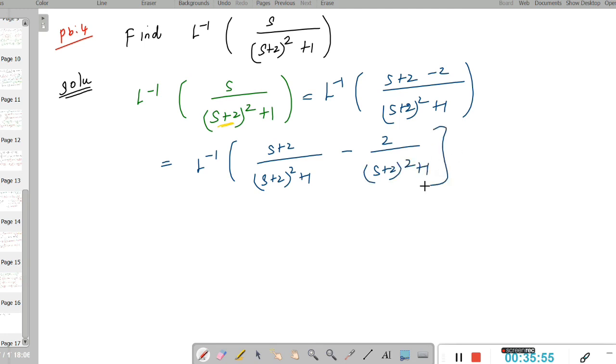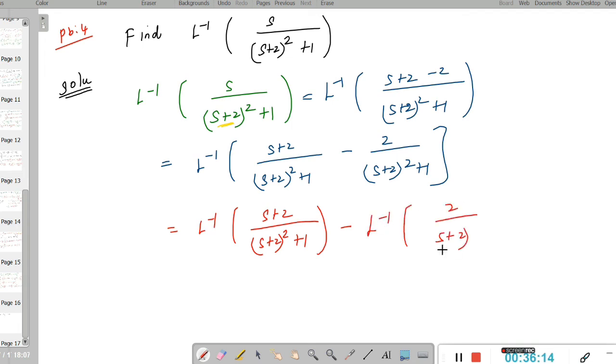By using the linear property, you can take L inverse separately. So L inverse of s plus 2 divided by s plus 2 whole square plus 1 minus L inverse of 2 by s plus 2 whole square plus 1.